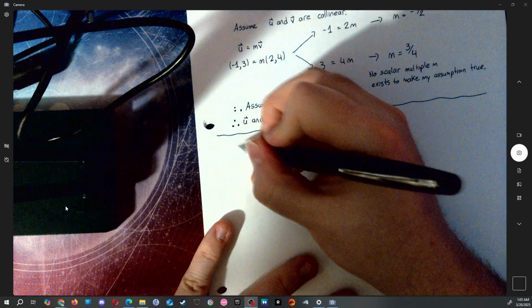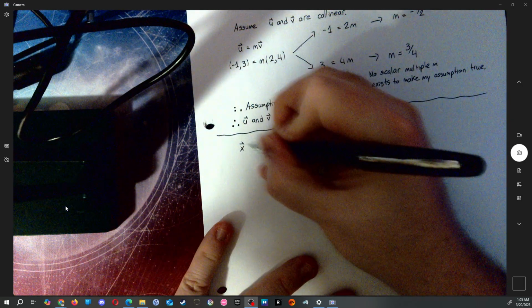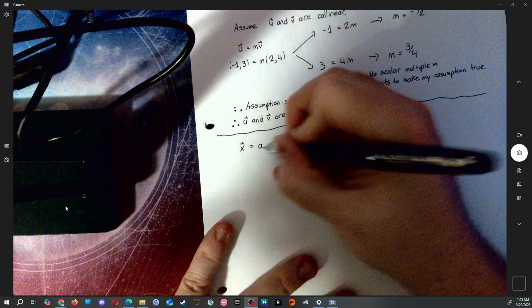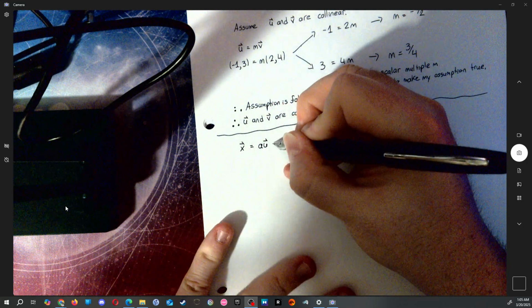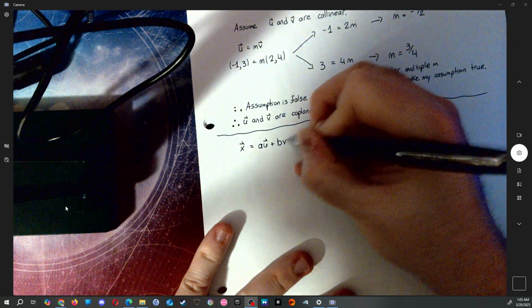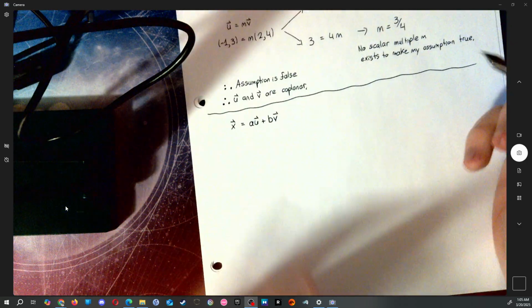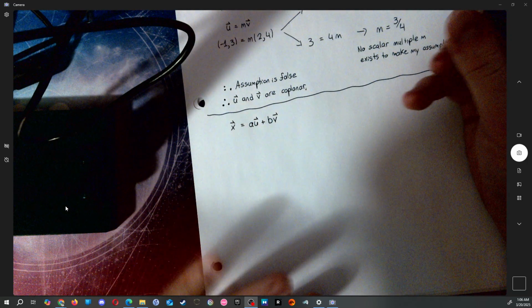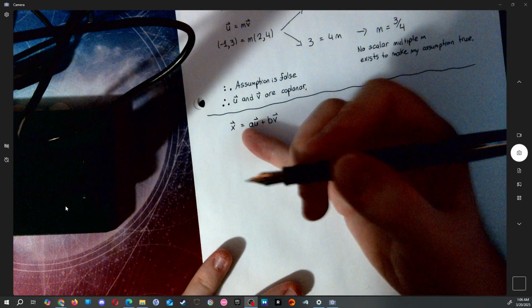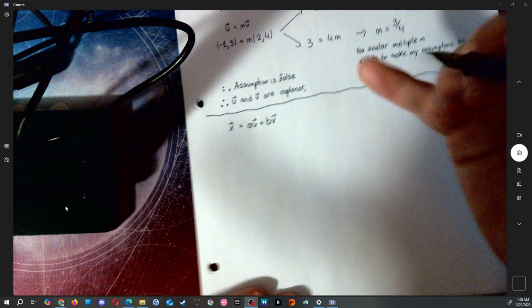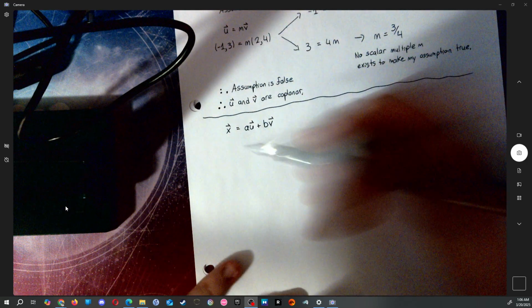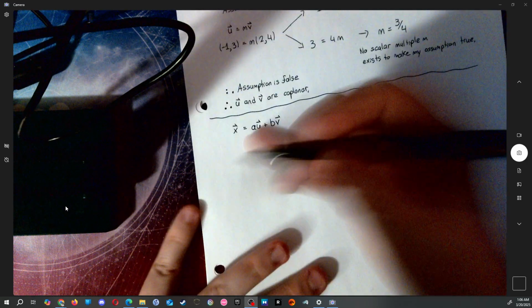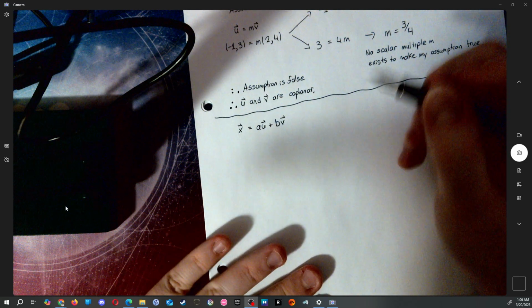So now I'm going to write x as a times u plus b times v. So kind of similar to what we did before, but we're using the second property off our page because now we have a value of a and b, whereas before we just had a value of m.